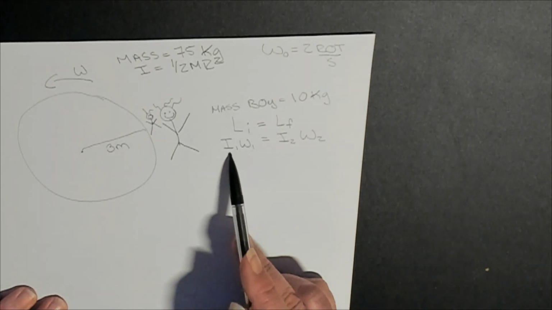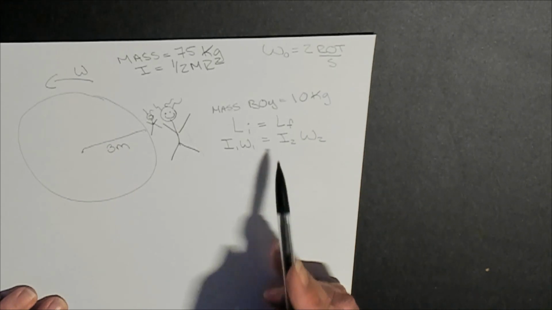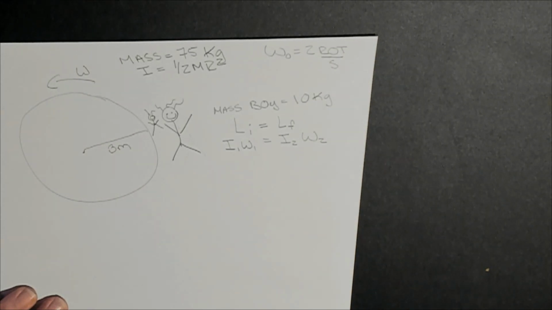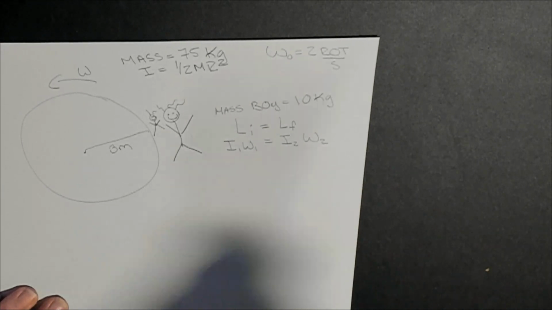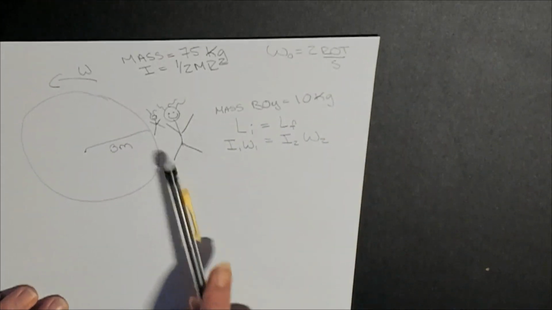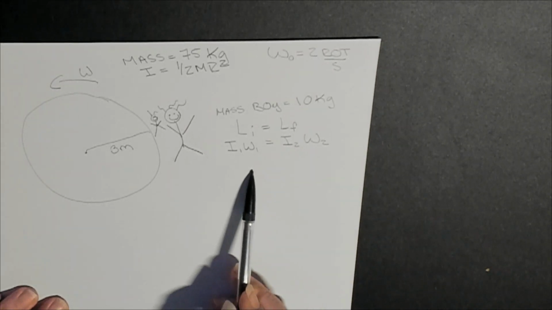Or I could have 2 things spinning and then they bounce off of each other, so I'd have their independent inertias with their final omegas. So we can look at those different quantities. But for now, let's focus on this one, and in lecture this week, we'll do the bouncing off thing so we can see how much fun that is. And you had to see this coming, we can combine energy and momentum once again.